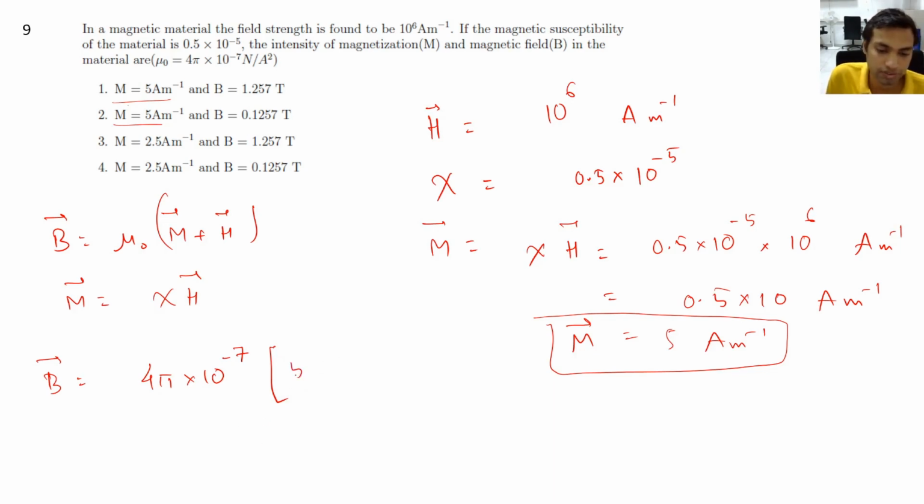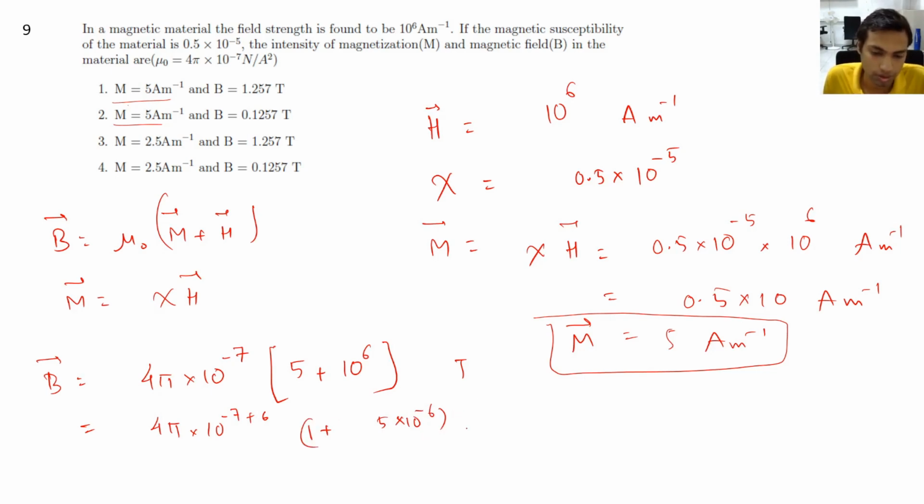M is 5 and H is 10 to the power 6. Now you see this 5 is really very small as compared to 10 to the power 6. So what you can do is 4 pi into 10 to the power minus 7 plus 6, 1 plus 5 into 10 to the power minus 6.